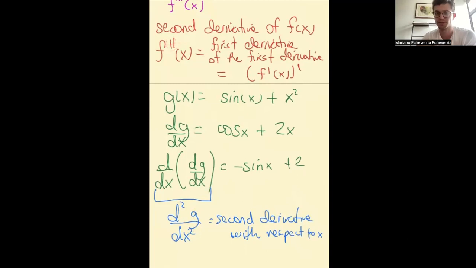And the 2 primes also tells you you're taking two derivatives of the function f. Is that making sense? Questions about it up to this point?